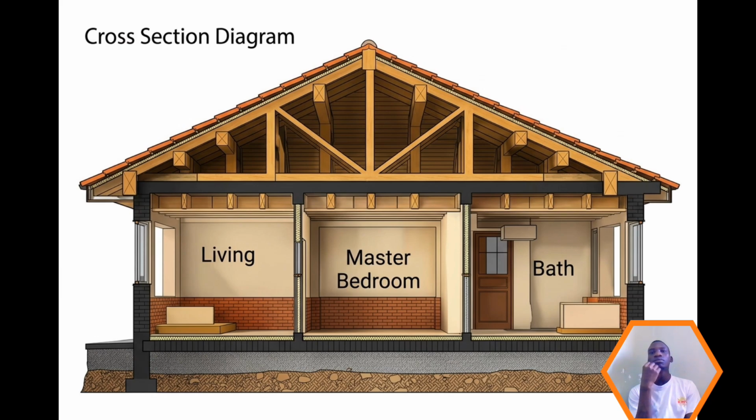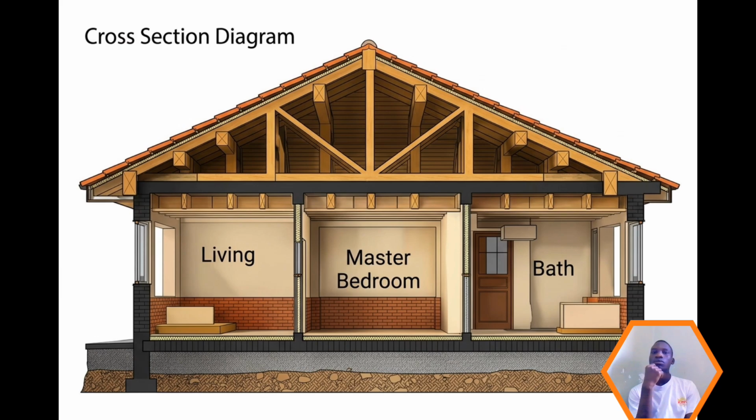For this one in particular, this is a vertical cross section, and its importance is that it helps us to view the internal features of the building. When a building is completely cut, vertically in this case, it enables us to observe the internal details of the building from the foundation level up to the rooftop level.